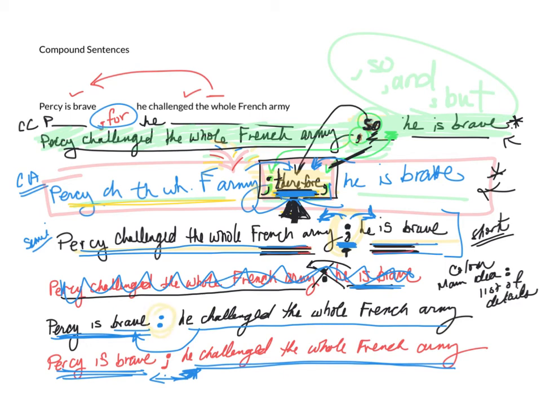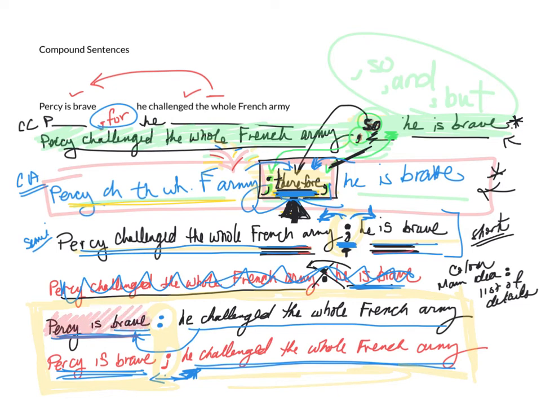If both of these are correct, then why does English have two different pieces of punctuation? In other words, what is the difference between these two sentences? Well, I don't know if you got it or not, but let's talk it through. A colon means that the first idea is the main idea. This is the important one.